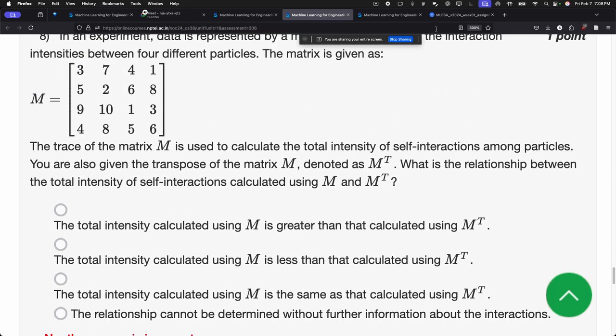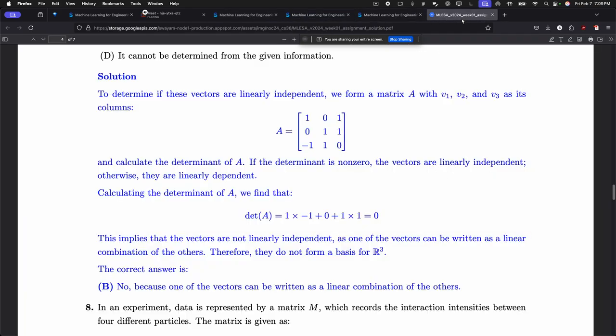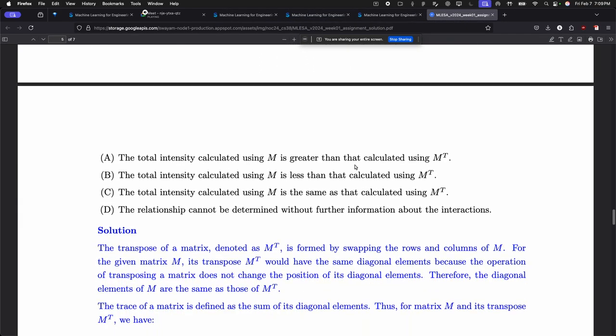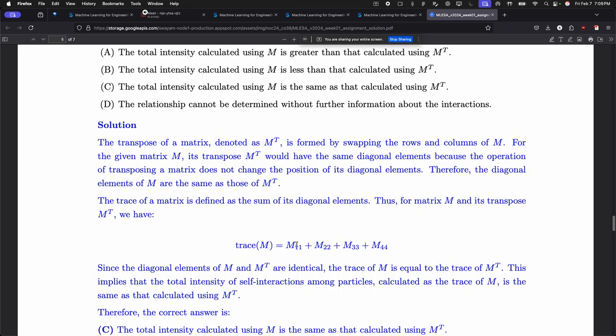Yes, that's correct. Why should it be the same? Basically, when you want to compute the intensities, you multiply this whole matrix by itself, the self-interaction, to compute the self-interactions. Some sort of Hadamard product type of thing. So trace is basically the sum of diagonal elements.